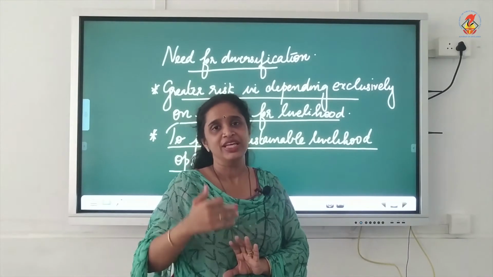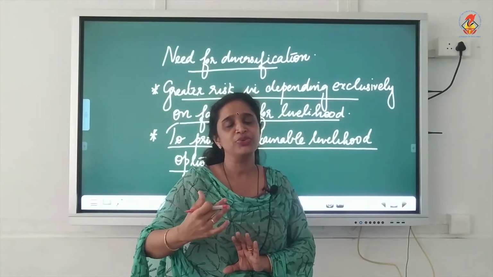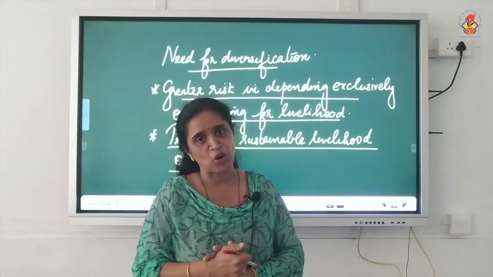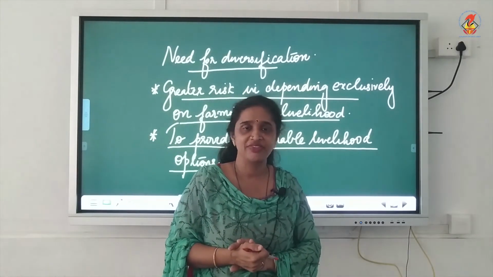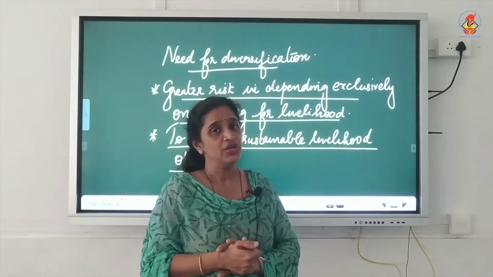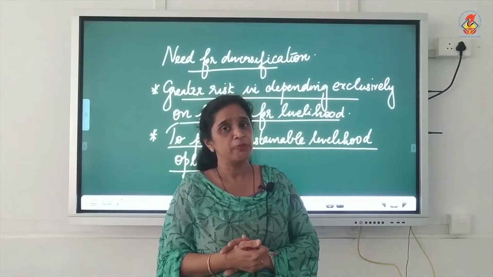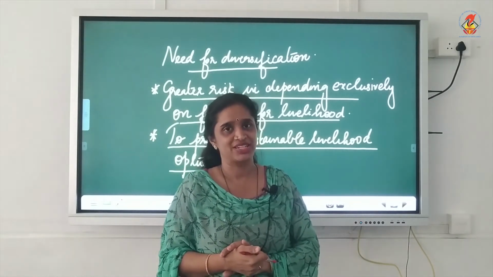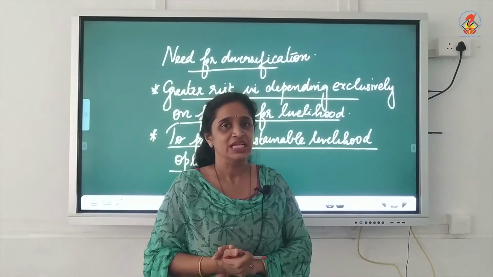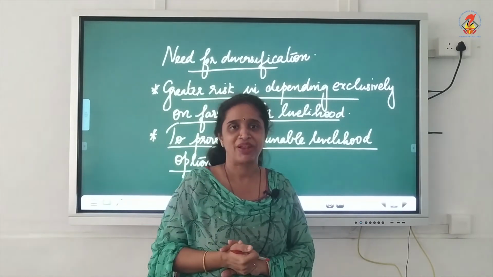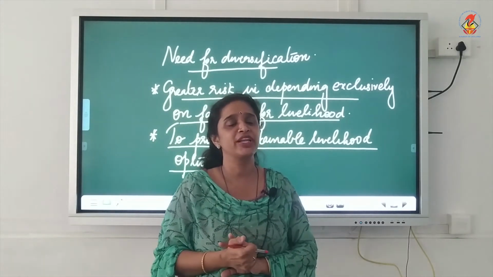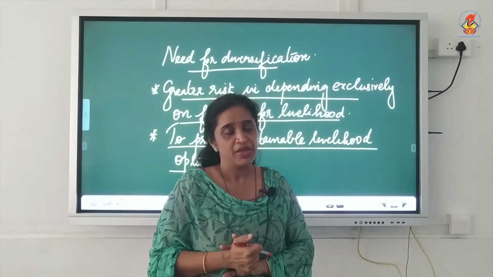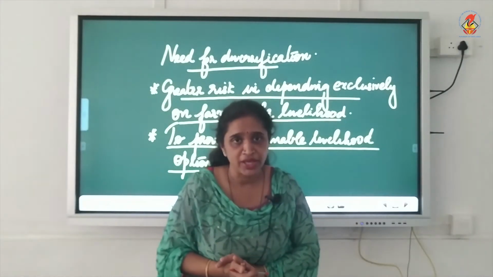So, in order to find a solution for all those problems, diversification is very, very essential. If there is more supply of one particular crop in the market, supply will be more and more. The demand will not be matching that supply. If the demand is not matching the supply, what will happen?